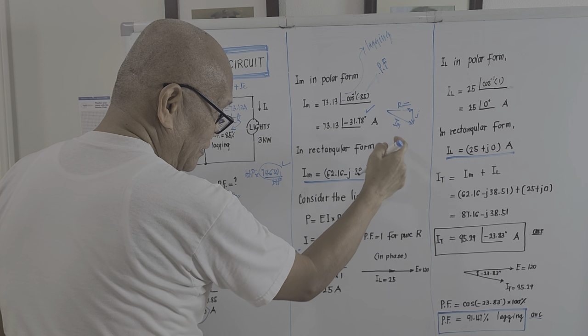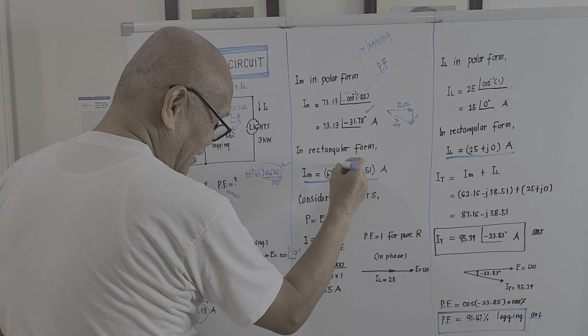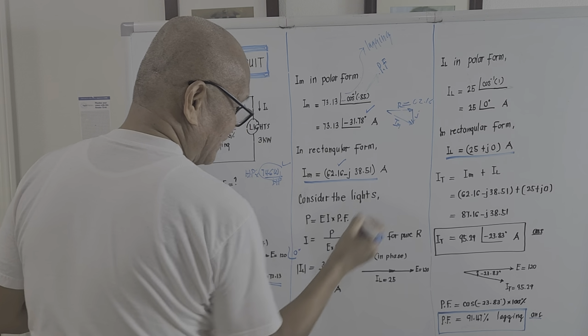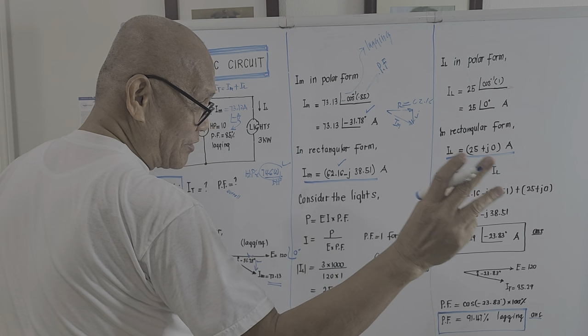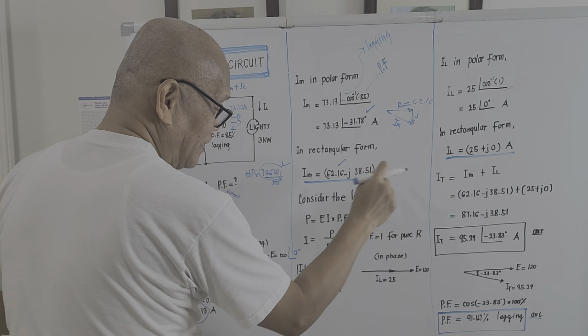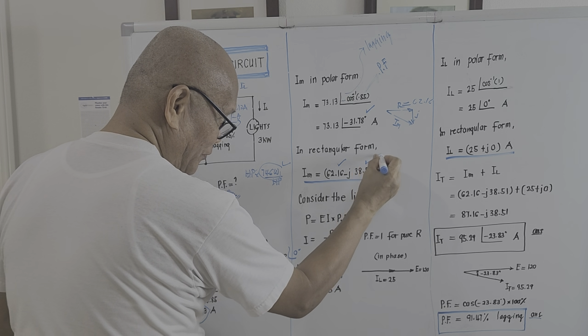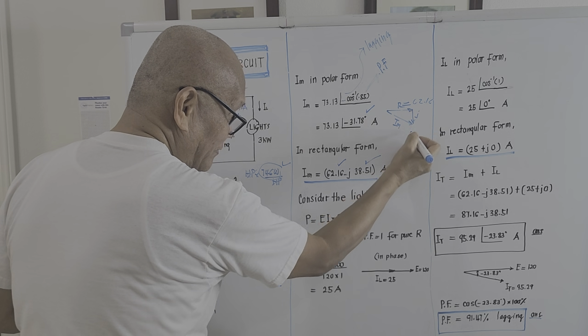The real part will be the magnitude times the cosine, that's 62.16. The imaginary part, again trigonometry, is the sine function. It will be the sine of this angle times the magnitude, and what will come out will be 38.51. We will place a negative sign here because this is downward.